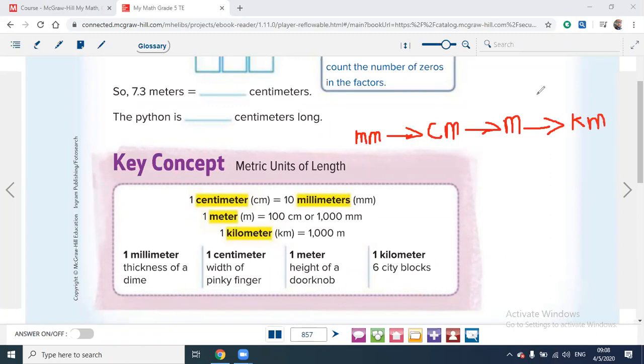To convert among these units, millimeter, centimeter, meter, and kilometer, we have to multiply or divide.